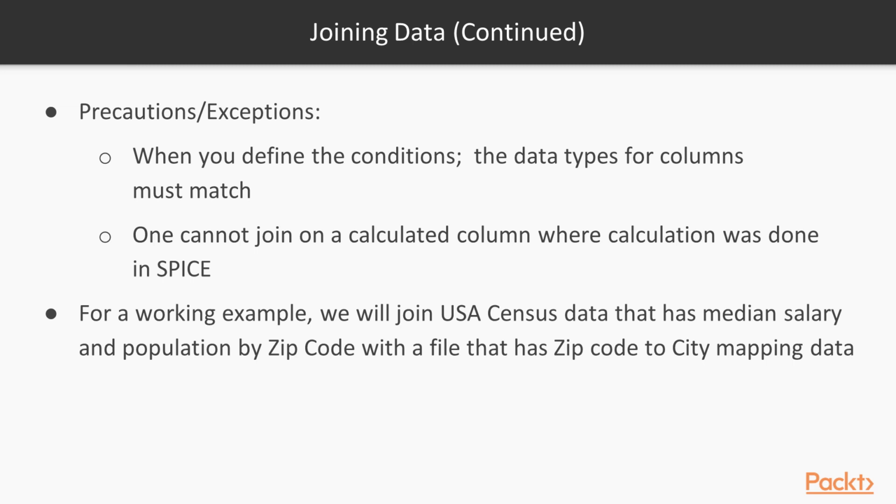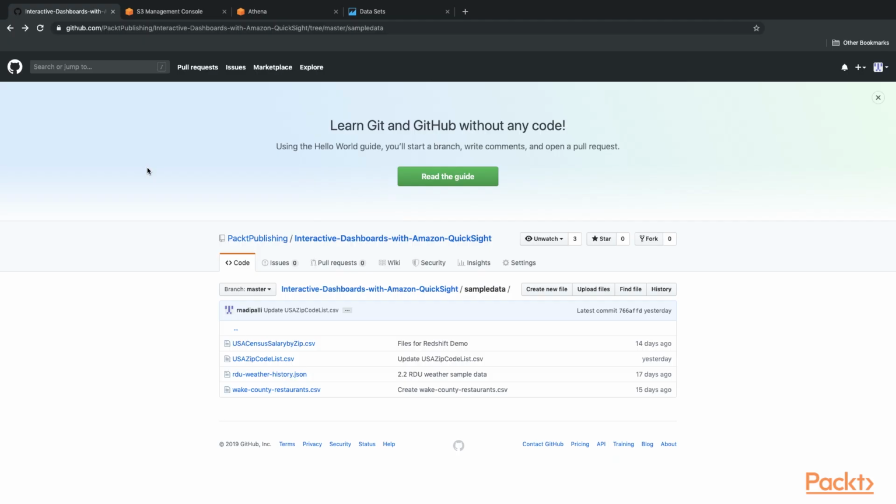So for this, a working example we'll take is joining the USA census data, which has the salary and population by zip code, with another data set that has the zip code to city mapping. I have put all the files in the Git repository.